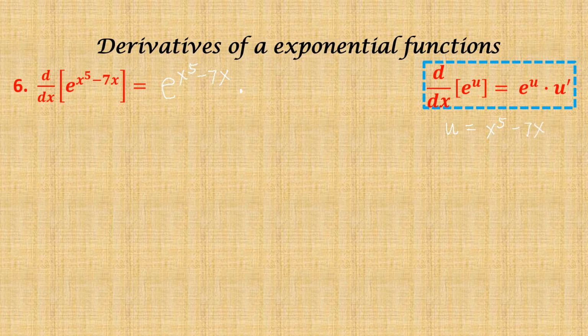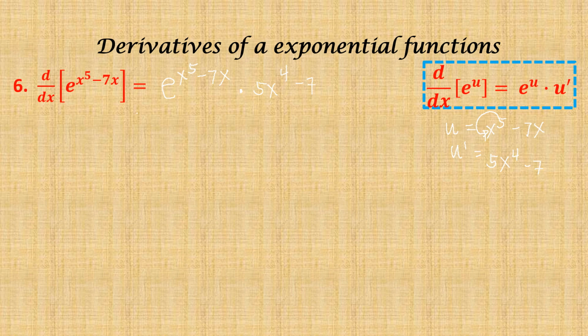Since we will be multiplying this entire function to the derivative of our u, our u prime is the 5 multiplied to the imaginary 1 there, so that will become 5x, and the 5 minus 1 will be 4. And the negative 7x will give you a negative 7. So therefore, the derivative of our u is 5x to the power of 4 minus 7.